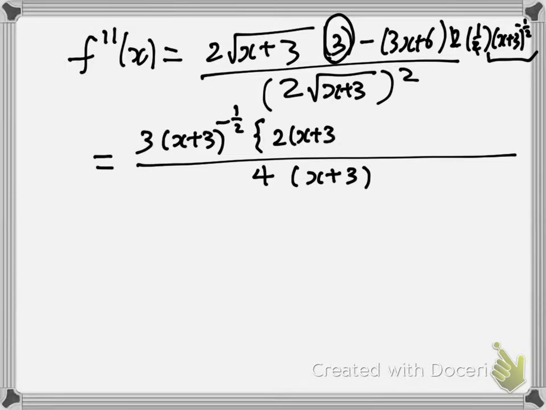So this is where most students struggle. If you don't believe it, multiply x plus 3 with x plus 3 to the negative half, and you should get 2 times x plus 3, right?